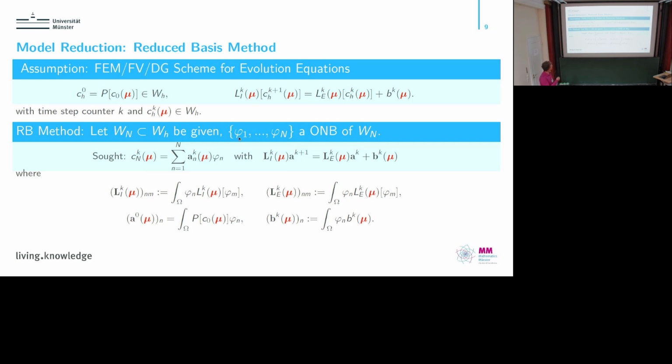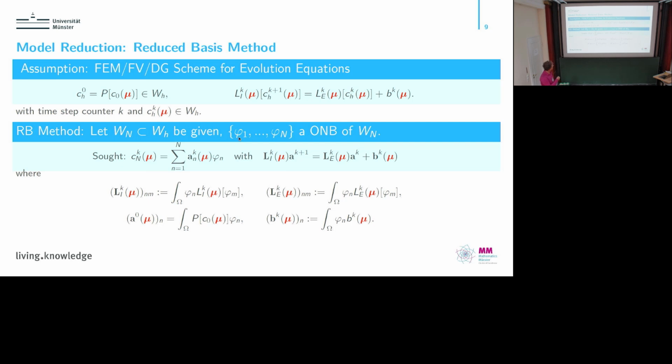So the low-dimensional solution is expanded in this basis. These are the unknown coefficients depending on the parameter. And this is the reduced system, and the reduced matrices, which now have small size, are just given by these projections of the high-dimensional operators or matrices. So this is just projection into this space.